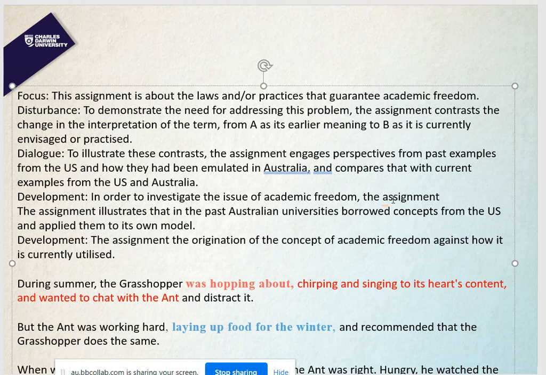The assignment will research the origin. We just said that. Just until the assignment engages perspectives.